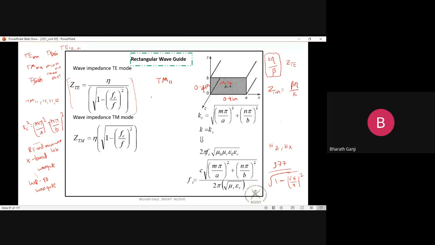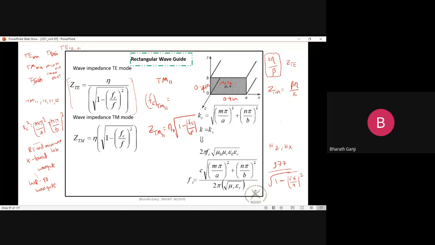First you need to calculate the cutoff frequency for the TM11 mode. Once you have the cutoff frequency, I want the answer for the TM11 mode wave impedance. Because you are doing it in free space, it will be square root of eta times 1 minus (fc by f) whole square.